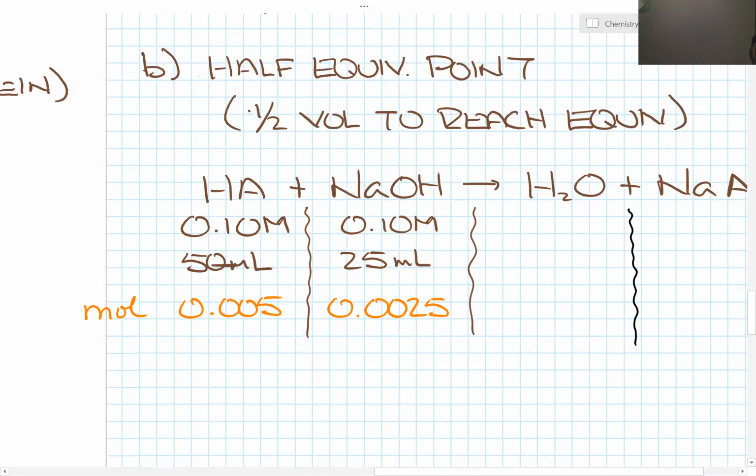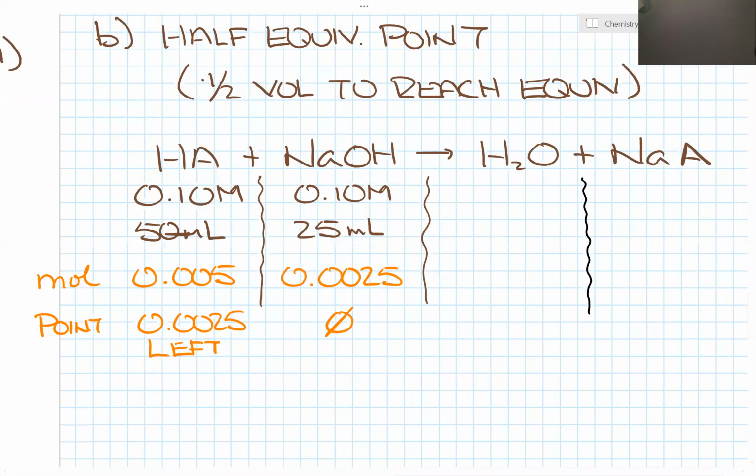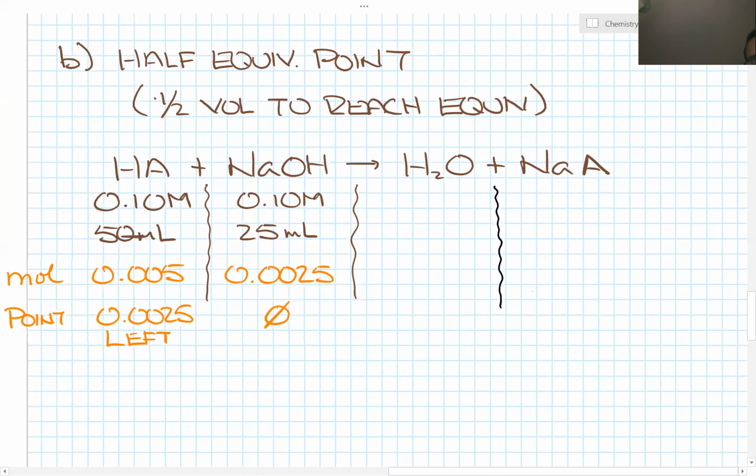So at this point, you will have 0 moles left here, 0.0025 left over, and at the NaA, you actually have 0.0025 moles made.